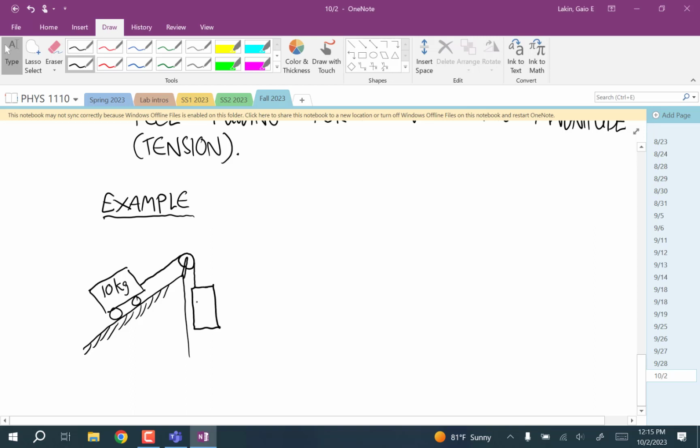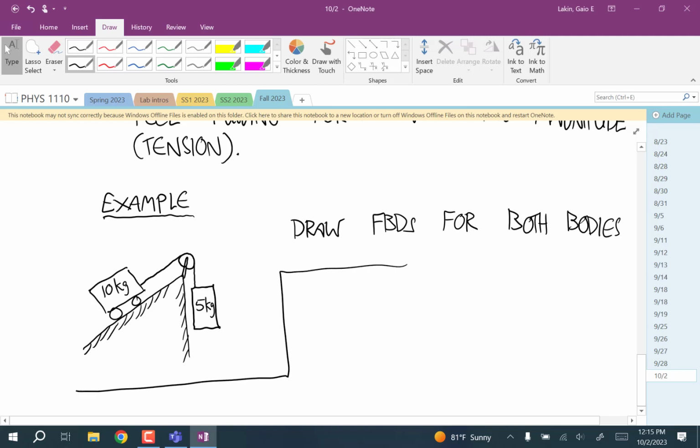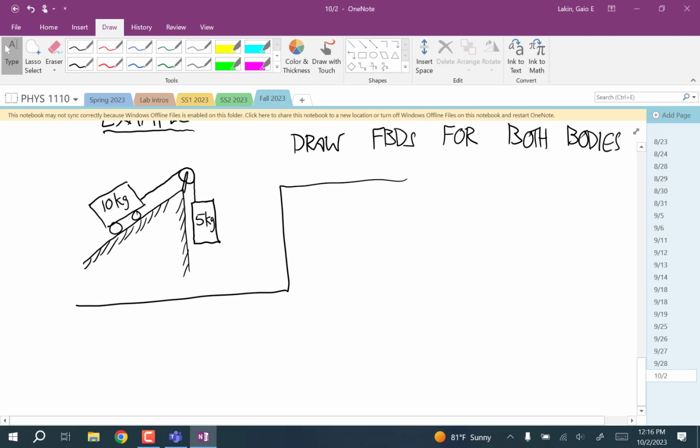I'll say that one has a mass of 5 kilograms. And we want to draw free body diagrams for both of these. Okay, well, let's do the easy one first.